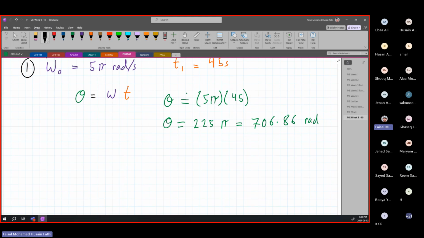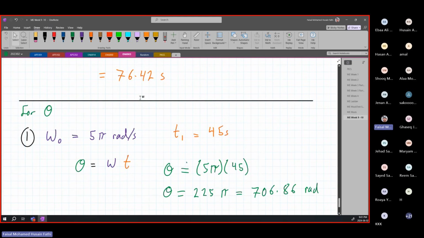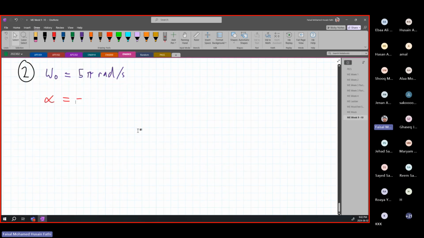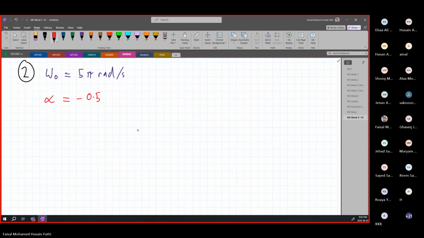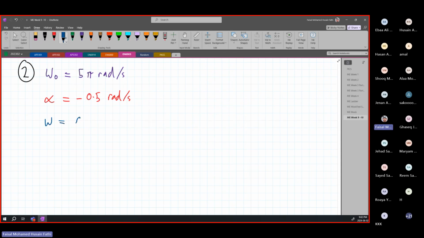Now let's talk about phase 2, when there was a deceleration. So when we had omega 0 equal to 5 pi radians per second, we had a deceleration of minus 0.5 radians per second squared, and our final angular velocity was 0 radians per second.